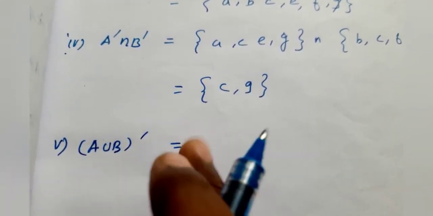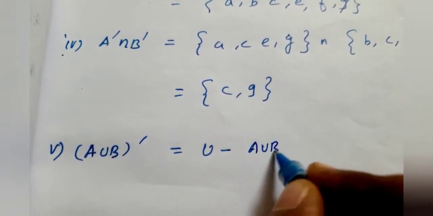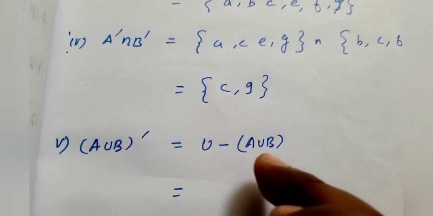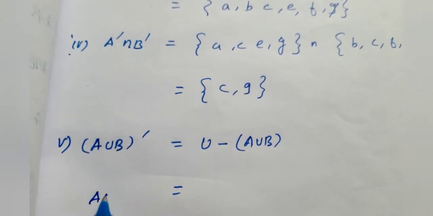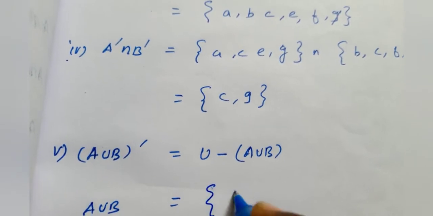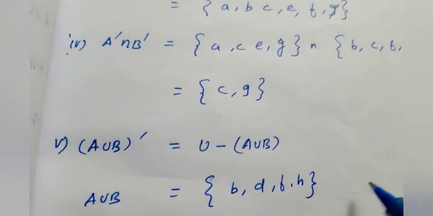Now we shall move to the fifth subdivision, A union B the whole dash. What do you mean by A union B the whole dash? It is U minus A union B, which means universal set minus A union B. So first let us find A union B. A equal to B, D, F, H, which is given in the sum itself.